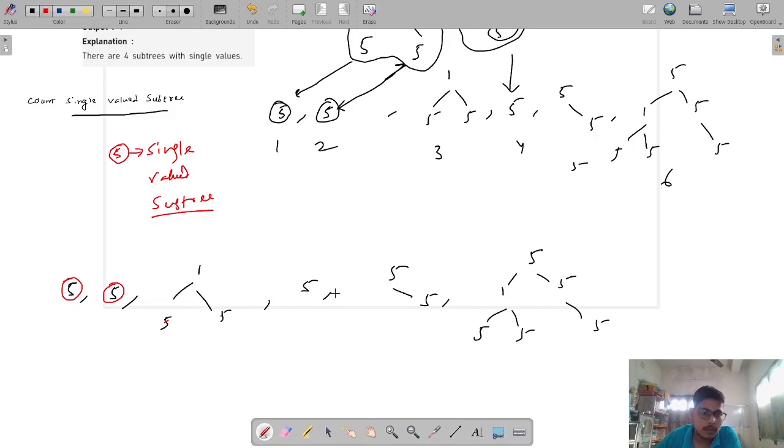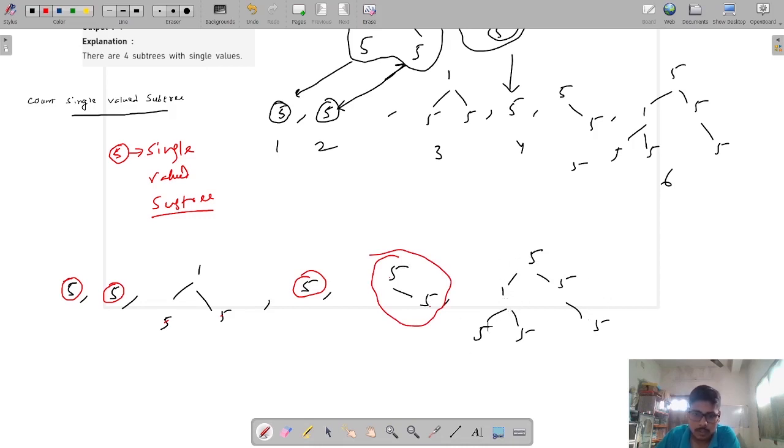Okay. Is this a single valued subtree? Obviously, a single node subtree, right? Is this a subtree with a single value? It has two nodes in total, 5, 5. The two values are equal, so all the values of the nodes are equal. So this is a single valued subtree. Is this one?